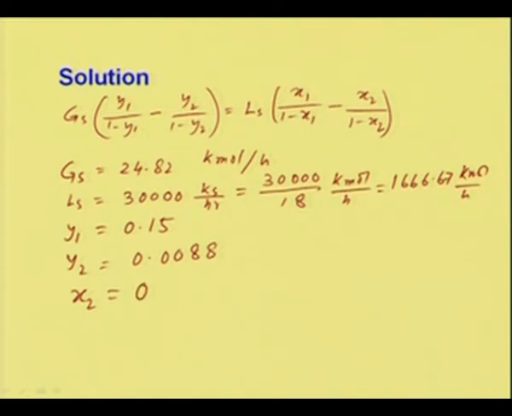If we substitute these values, then x1 is equal to 0.0249. So, this is the concentration of SO2 in the exit stream.